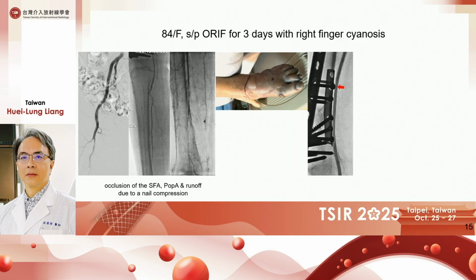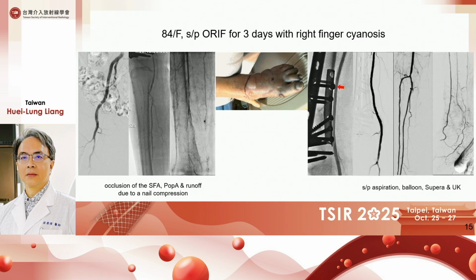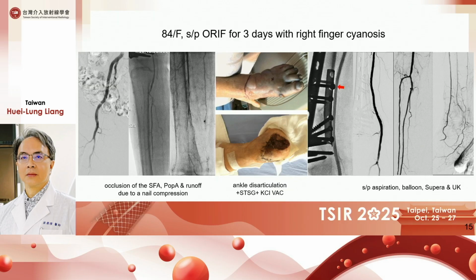A stent was deployed in the compressed distal superficial femoral artery with continuous urokinase infusion. The completion angiogram showed the good patency of all the arteries in the right lower limbs. This patient then underwent ankle disarticulation with her right limb preserved.